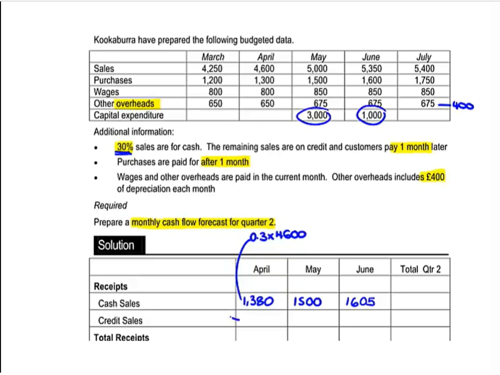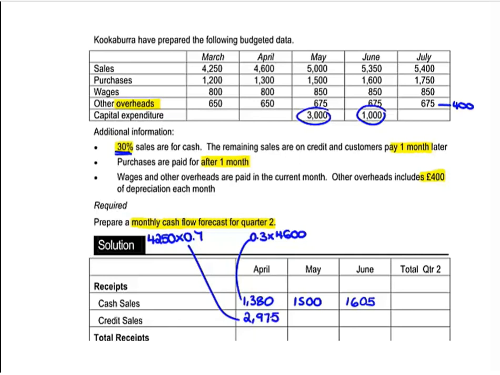For the credit sales then, they are paid for a month later. So the credit sales then for April will be March's sales of 4,250, and it will be the amount outstanding that wasn't paid for in March. So it'll be 70% of 4,250. That's 2,975.